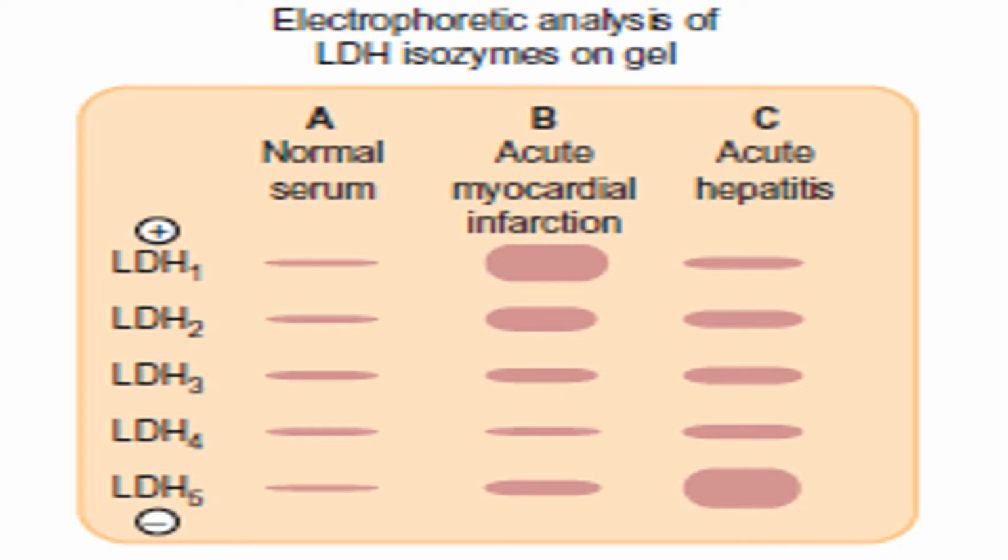So this slide shows you the pattern of electrophoretic analysis of the lactate dehydrogenase isoenzymes on gel. A shows you the normal serum pattern when a patient is normal, healthy, and not suffering from any disorder. Now, if you recall, lactate dehydrogenase 1 and 2 are present in the heart.